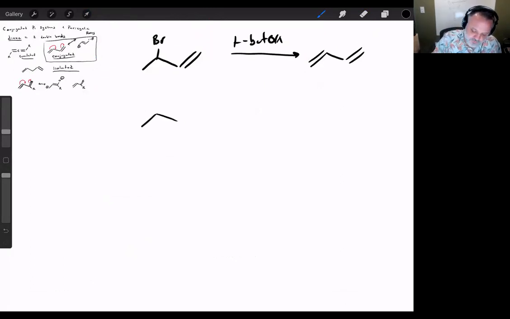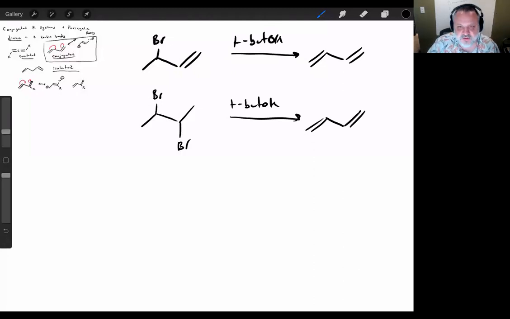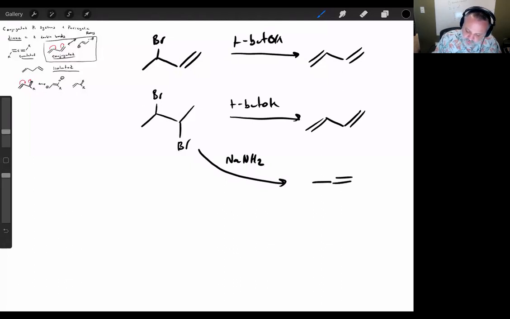Another alternative would be to have this system form a conjugated diene, and this is a little bit new. Now, of course, remember, if this thing is reacted with a very strong base like sodium amide, it doesn't form a conjugated double bond, it forms a triple bond instead.